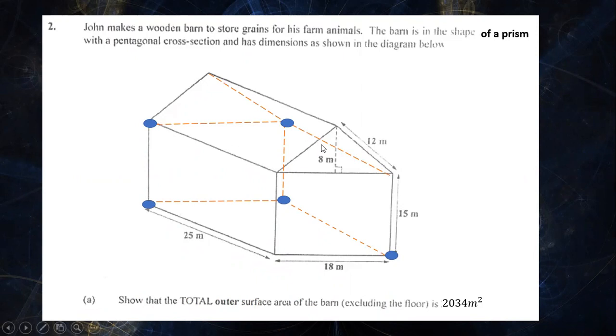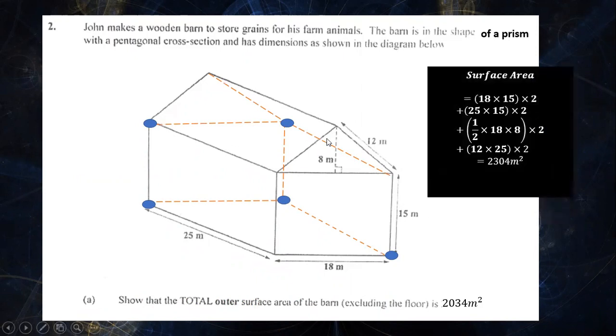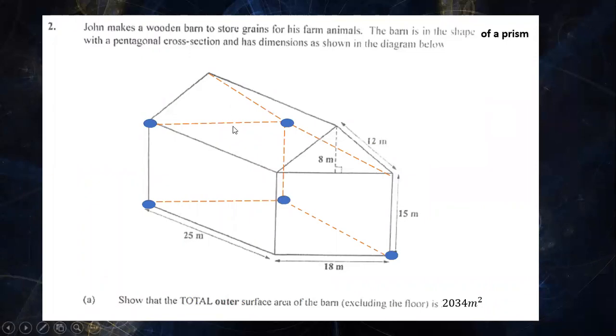And now we're going to find the total surface area. Before we get to the calculation, let's identify the surface areas, which is going to be where? It's going to be here. This is a rectangle. It's going to be here.